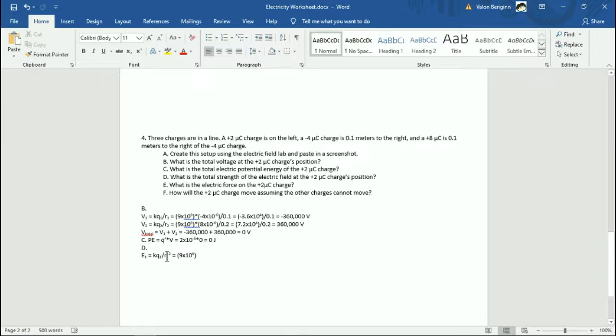So the best thing to do is to just start from scratch here and solve for the electric field for each one. So again, let's ignore the negative here because we're going to care about that when we deal with direction. Top is still going to be 3.6 times 10 to the 4. But now we're dividing by 0.1 squared, which is 0.01. So this is actually going to be 3,600,000 newtons per coulomb.